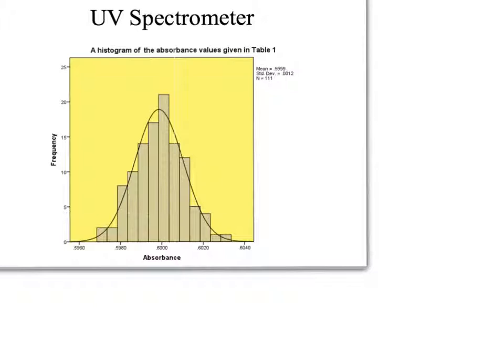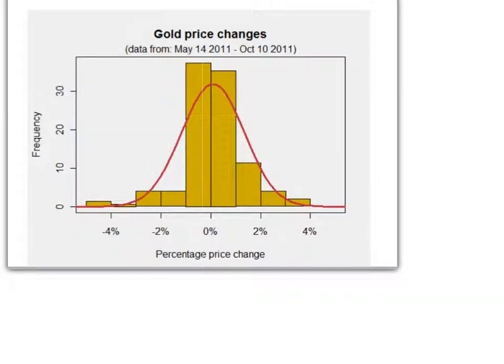The frequency, how many pieces of metal have this absorbance, forms a bell-shaped curve. The last one, even something like gold prices. The day-to-day price may fluctuate a little bit. The gold price goes up a little bit or it goes down a little bit, but generally stays in the middle.